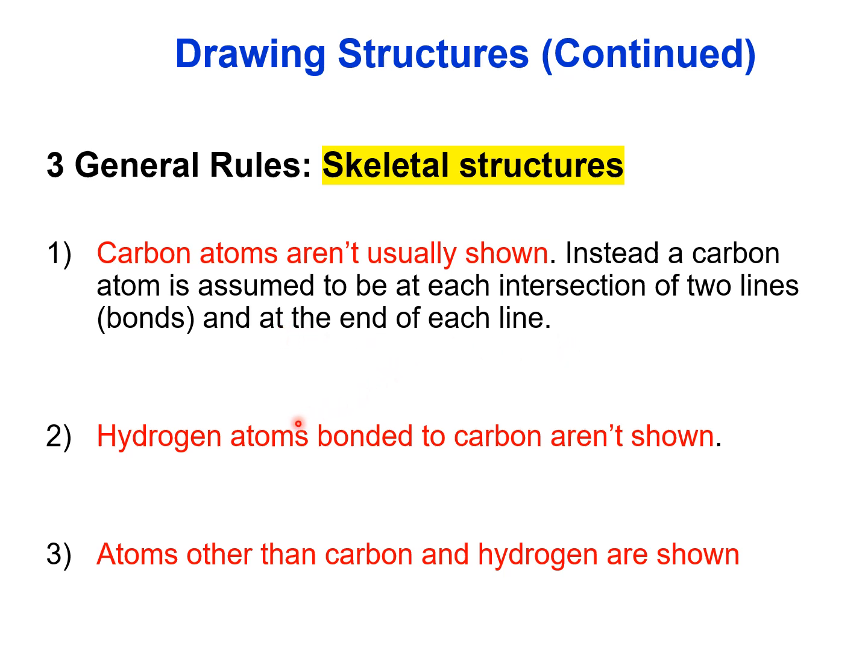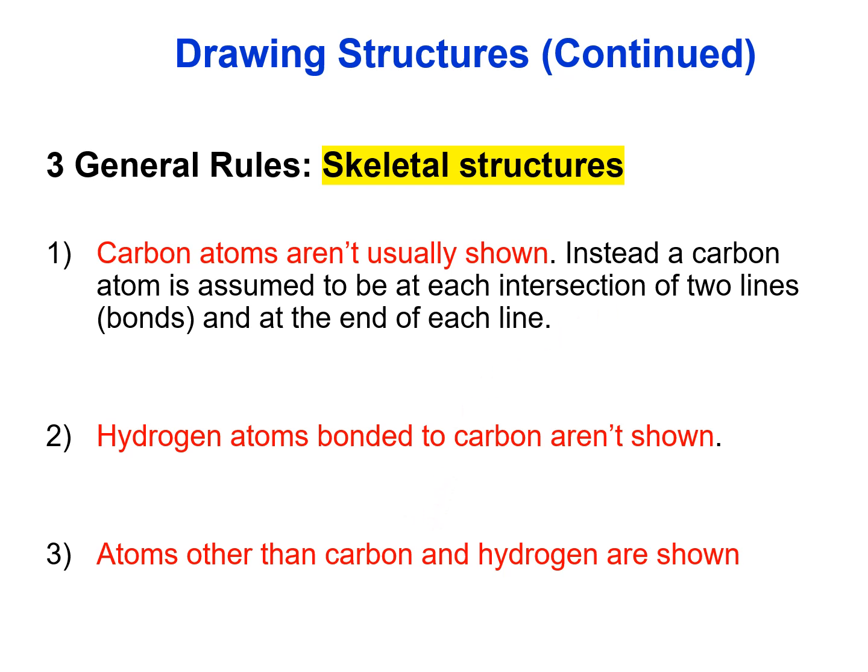Hydrogen atoms are also not shown because a carbon atom always has a valency of 4, and we will mentally supply the correct number of hydrogen atoms to each carbon atom. And the third rule is that any atom other than carbon and hydrogen is always shown.